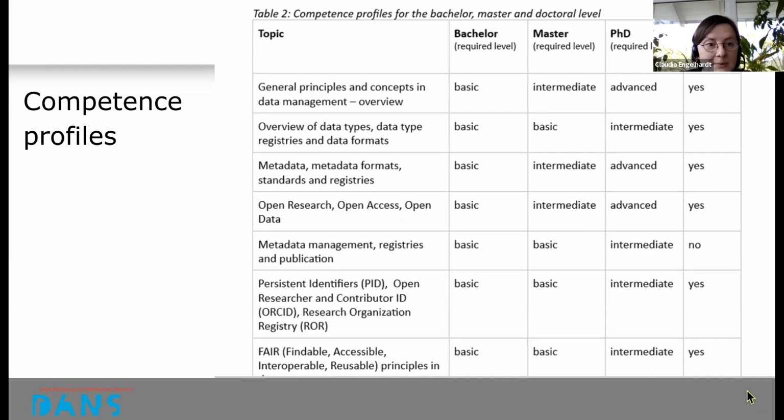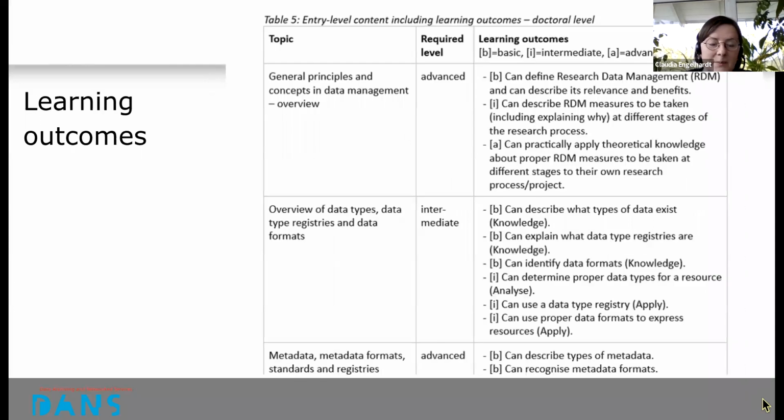And on the next slide, we see an example of the learning outcomes. So here in the left column, you have again the topics or the skills and competences. Next to it, the required level. So this is the table for the doctoral level or part of the table for the doctoral level. So the requirements are relatively high.